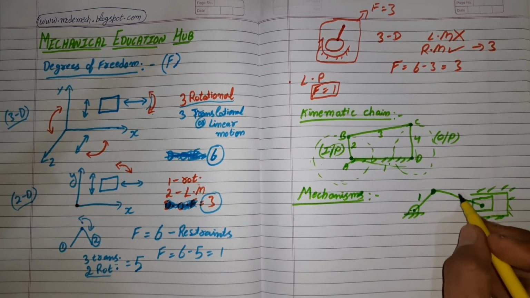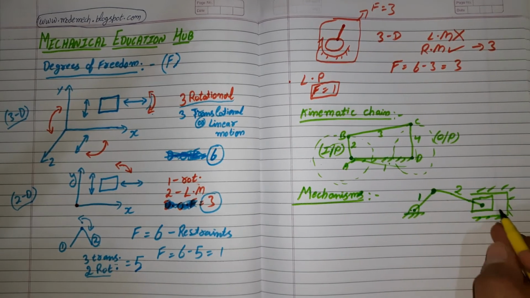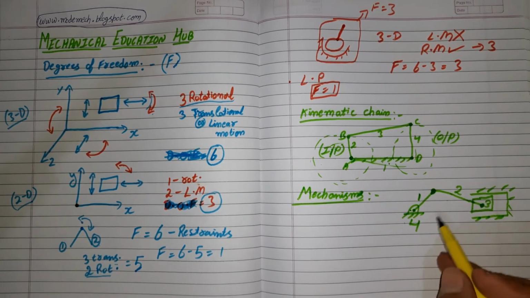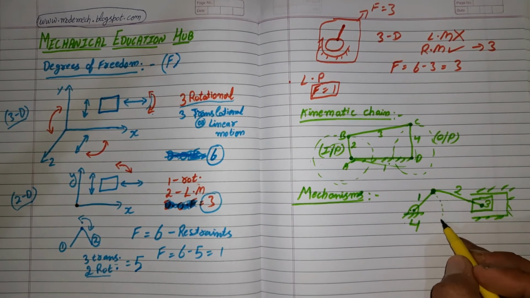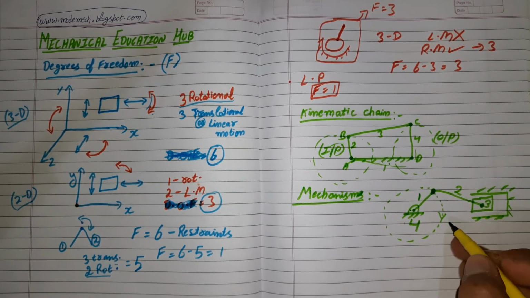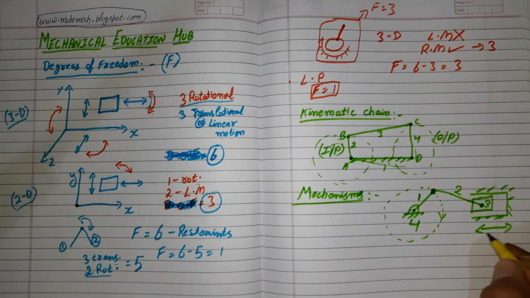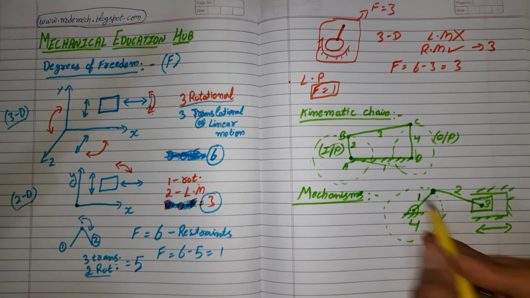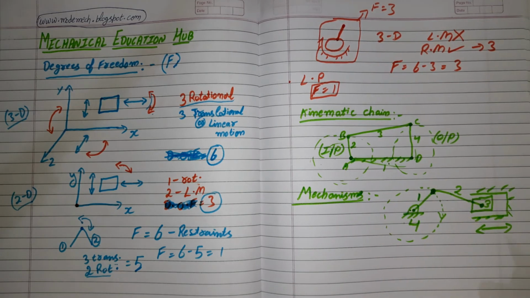So crank is our link 1, connecting rod is our link 2, piston is our link 3, and fixed link is our 4. So if this is our input in rotational form, then we will get output in reciprocation form. So this kinematic chain forms a mechanism. This is a mechanism and this is also a mechanism.